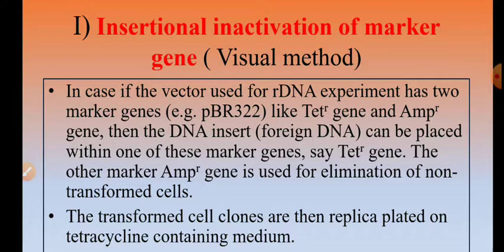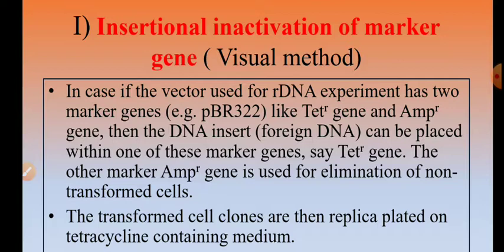If the vector used for the recombinant DNA technology experiment has two marker genes, for example pBR322 has two marker genes, tetracycline resistance gene and ampicillin resistance gene, then the foreign DNA can be placed within any one of these marker genes. Say we are using pBR322 plasmid for cloning, and suppose the foreign DNA to be cloned, like say insulin gene, is placed inside the tetracycline resistance gene.